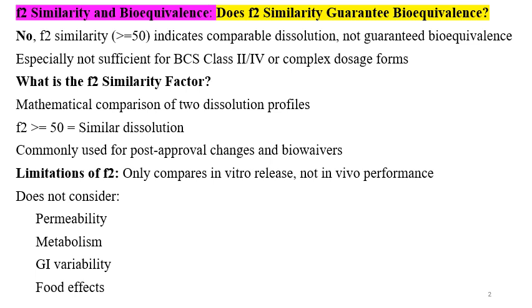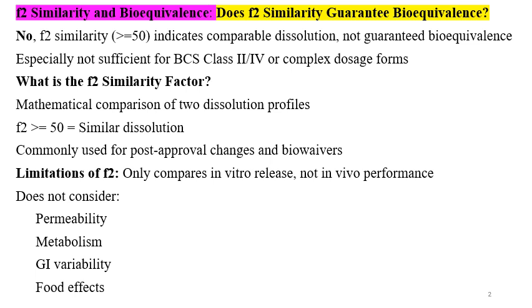So IVIVC may or may not be possible every time, but the F2 similarity gives you the understanding or confidence that the dissolution profiles are similar or not significantly different, and that's why there are high chances to pass the bioequivalence.